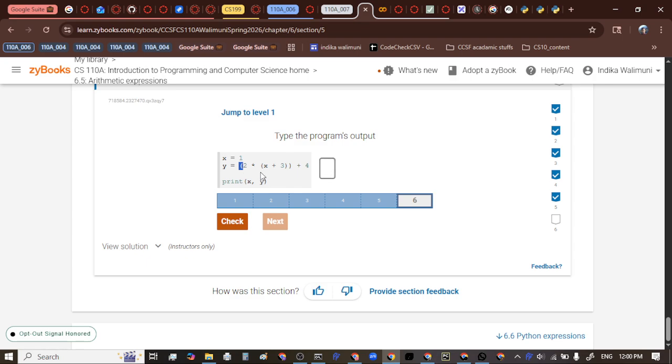So now you take the x value and do this first, so now we have 4. You can now multiply 2 times 4, so this whole thing becomes 8, and then add 4, so 12. So 1 and 12.